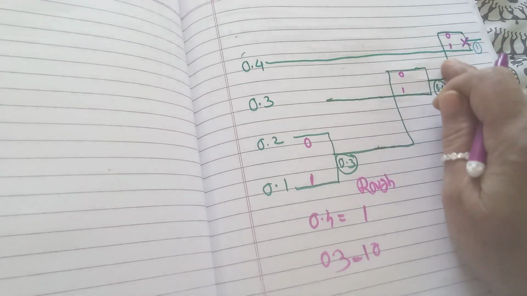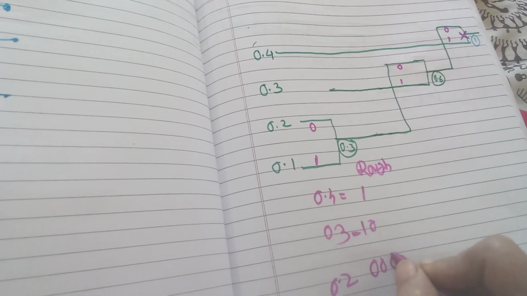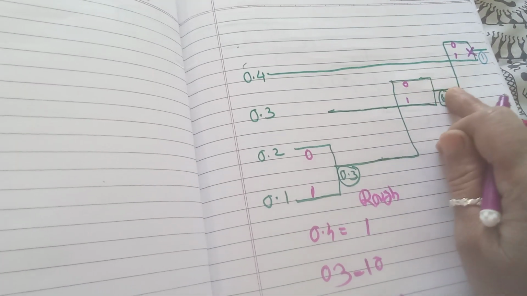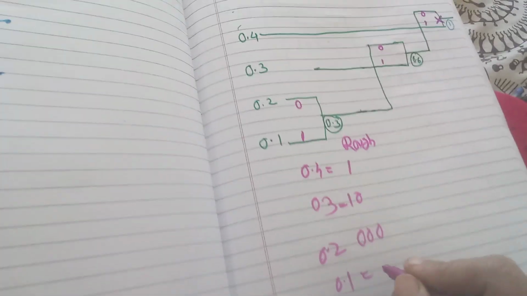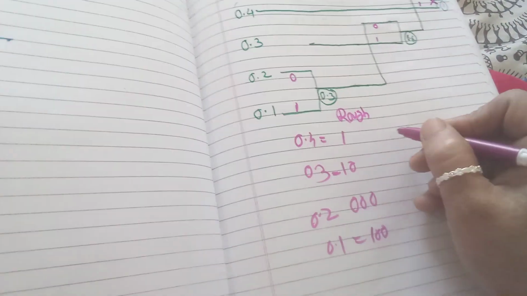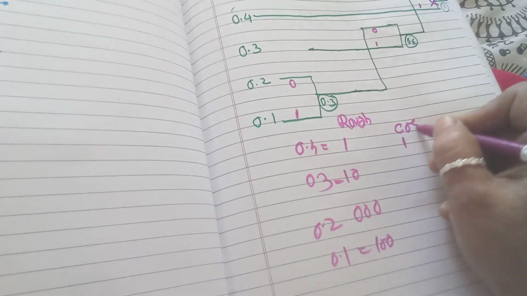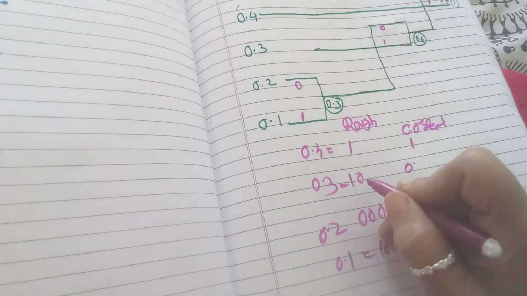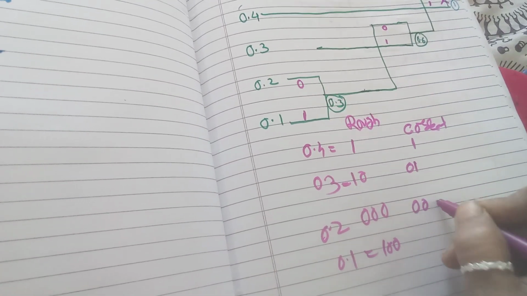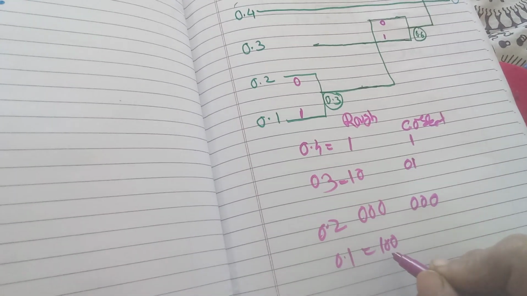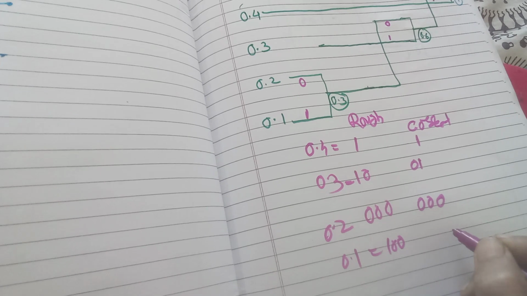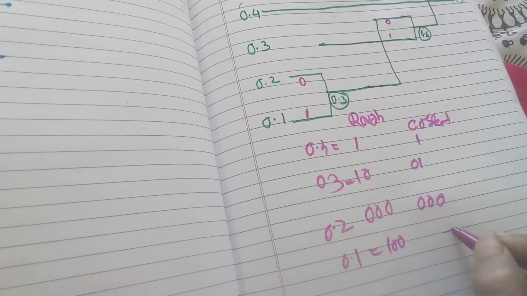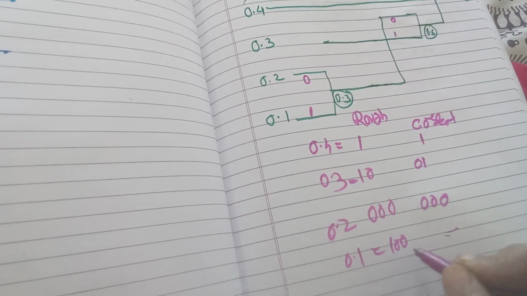Then 0.2: 0 0. And 0.1: 1 0 0. Now the correct code is: 1, then 0 1 for 0.3, then 0 0 for 0.2, and 1 0 0 for 0.1.